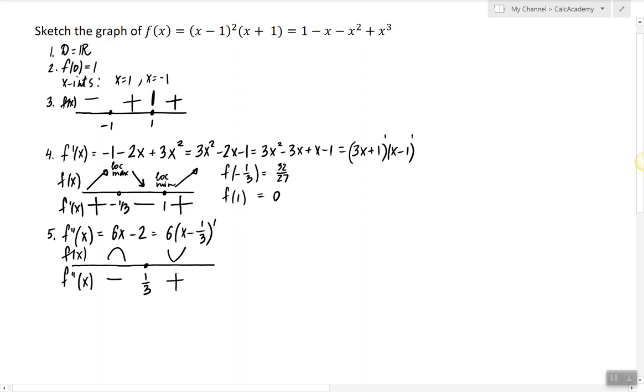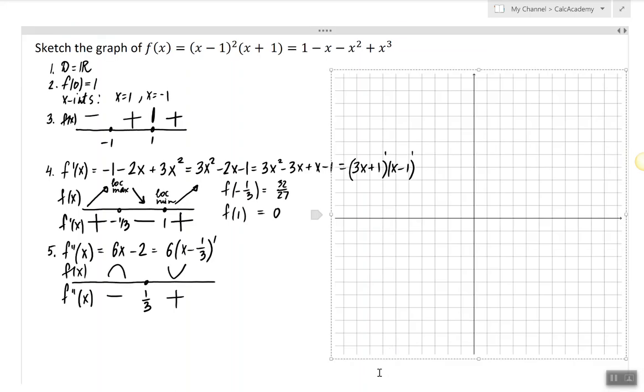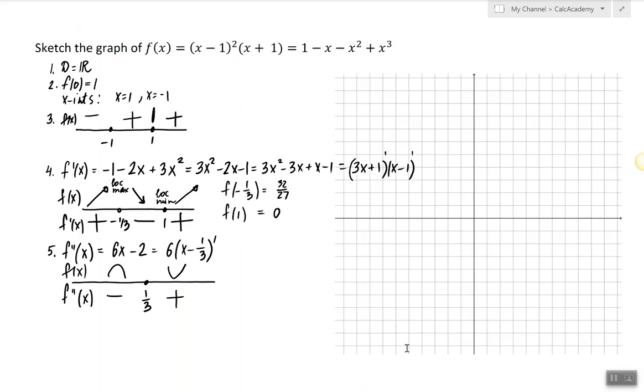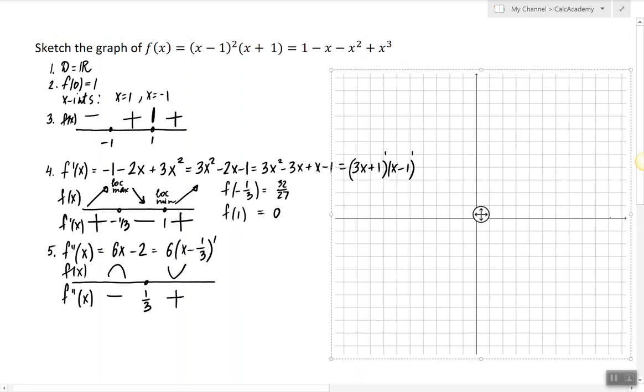And now we can piece it all together and sketch the graph of this polynomial function. So to graph this function, I'm going to start with the x-intercepts, which are at -1 and 1.